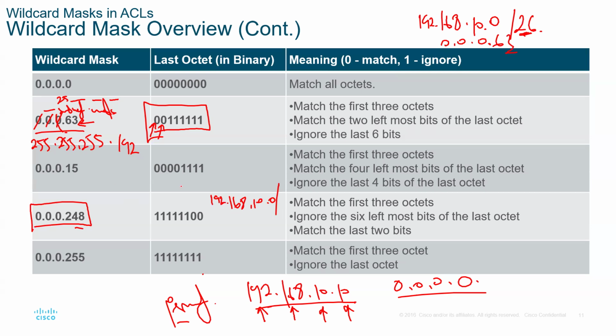That gives 7. So it's saying 255.255.255.7. The subnet mask here, I've got to say, is dot 248.